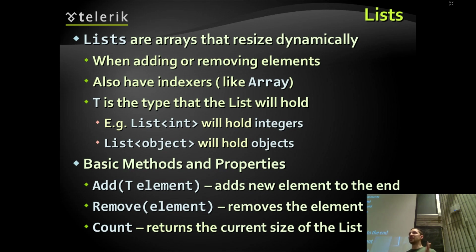Nothing is more annoying to me than this fact. If you want to know the size of an array, there's a property called Length, or GetLength for multidimensional arrays. If you want to know the size of a list, it's called Count. Totally mind-boggling that you couldn't just use the same word, Length, but it's Count.